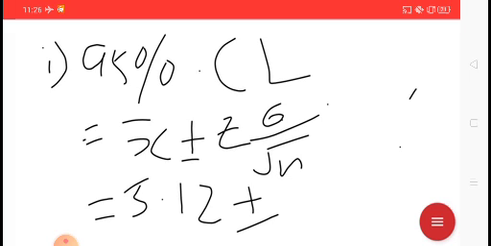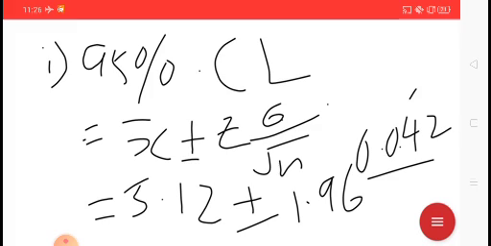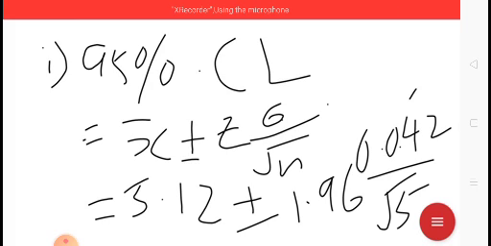So you will get z equal to 1.96, with sigma 0.042 over square root 5. So this is the confidence limit.